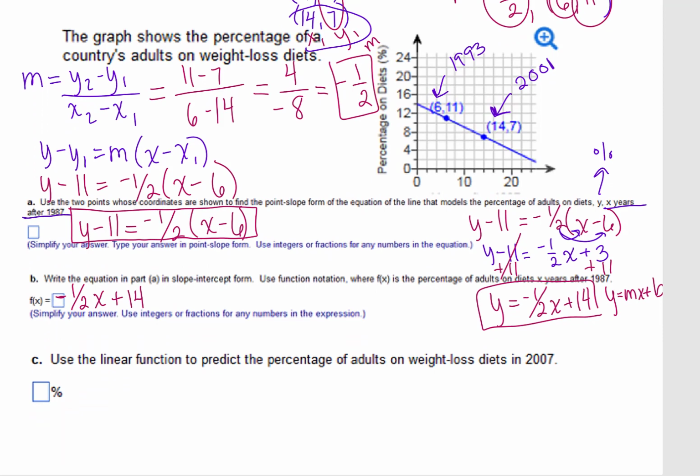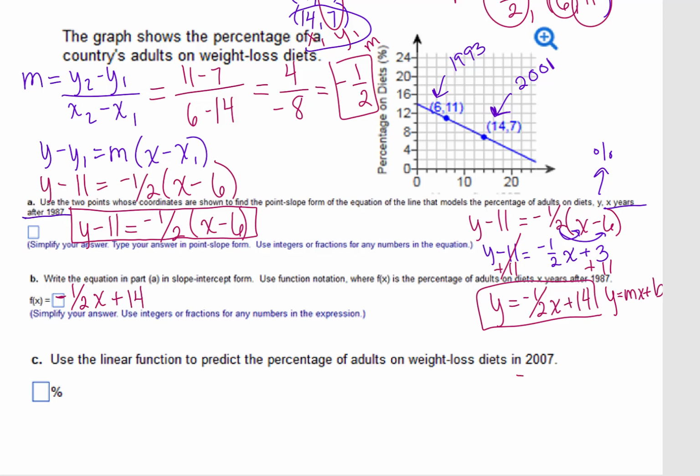Okay, it says use the linear function to predict the percentage of adults on weight loss diets in 2007. This is where determining what the years are comes into play. They want the percentage, and the percentage is the y, so we're solving for y. They also tell us the x value, but not exactly. They tell us 2007, but I'm not going to plug in 2007 for x, because x is years after 1987.